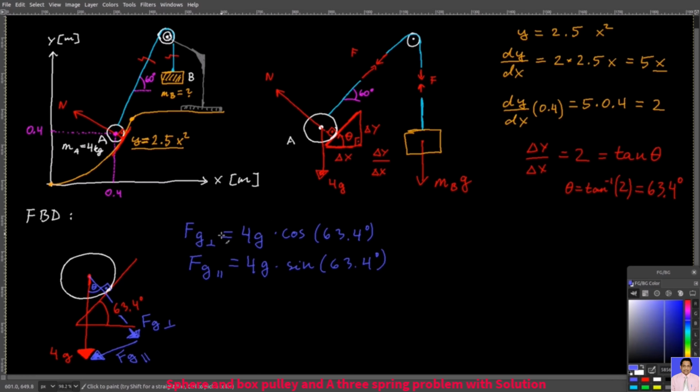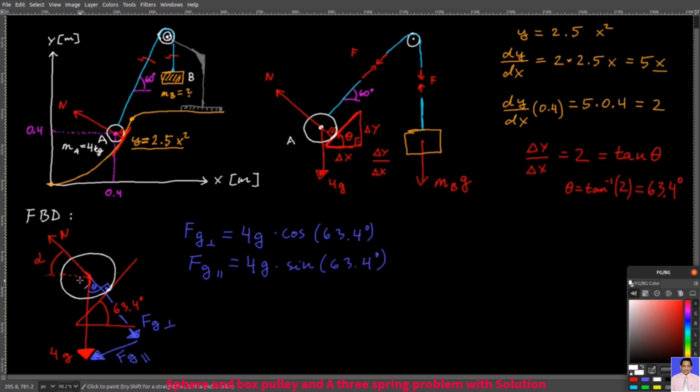I just wanted to show you that you can decompose them like this. However, what I do need, I need this angle between the normal force and this horizontal line. So let's call it alpha. Now the thing is that this normal force is equal in magnitude and opposite in direction to this FG perpendicular.